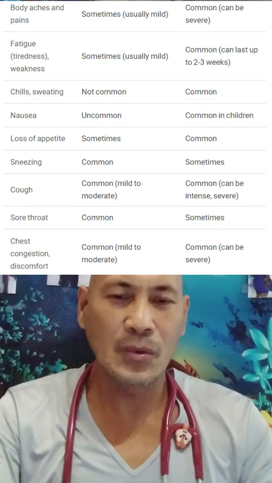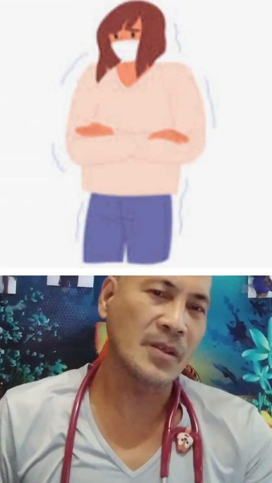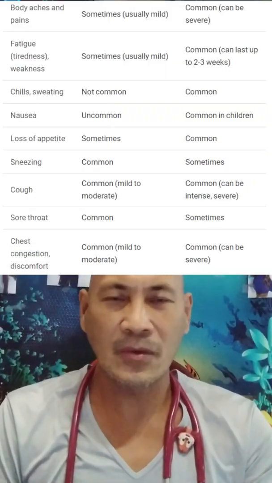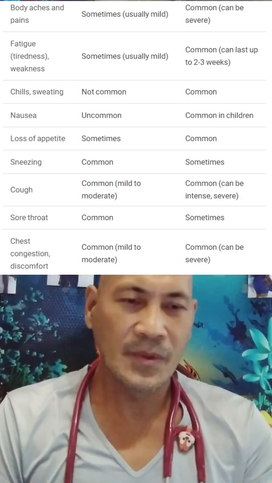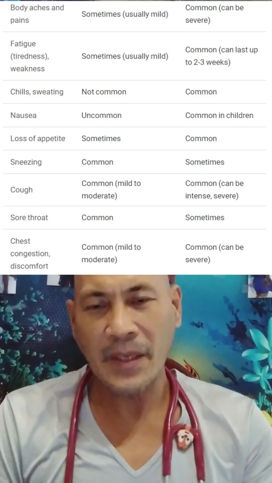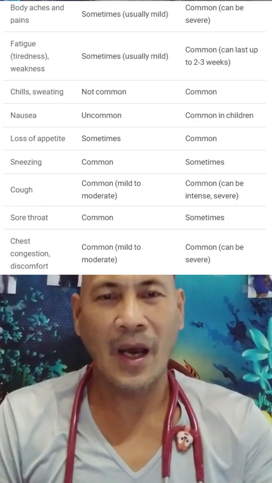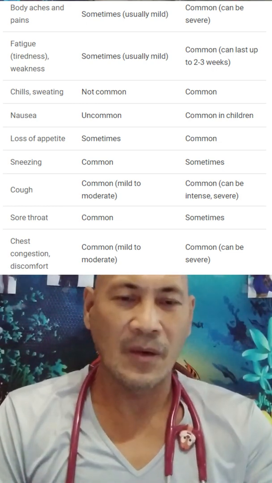Now, with regards to chills and sweating, this is very common in patients with influenza or flu, and not common in patients with common colds. This is common in flu patients because of the production of high-grade fever in patients with influenza or flu.